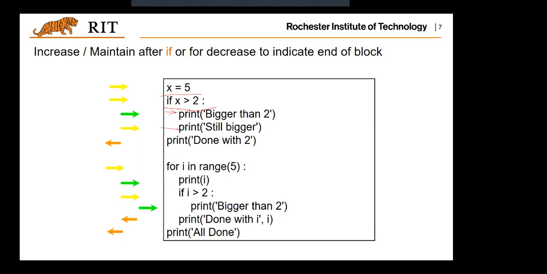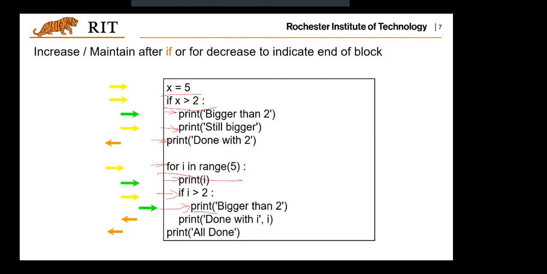And after you finish this condition, the indentation becomes the original one, right? It is true for the if statement, also for the for statement. When you start a for loop, you need to increase the indentation, and if there's another condition inside this for loop, nested, you will have a further increased indentation.